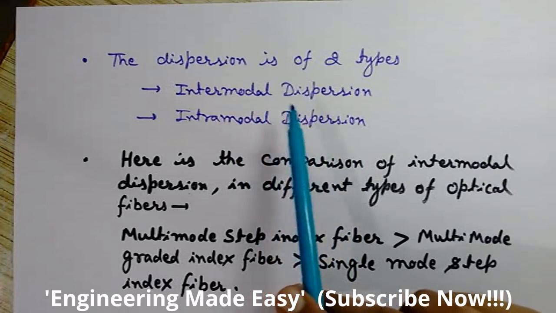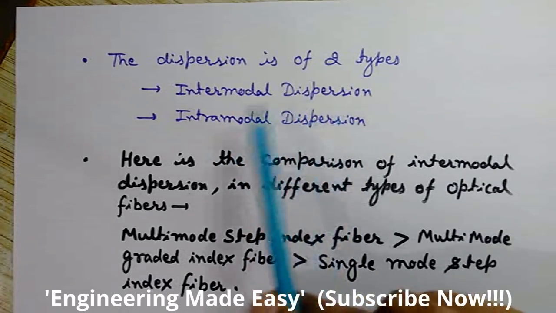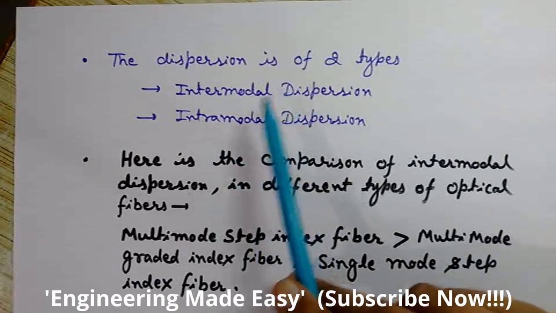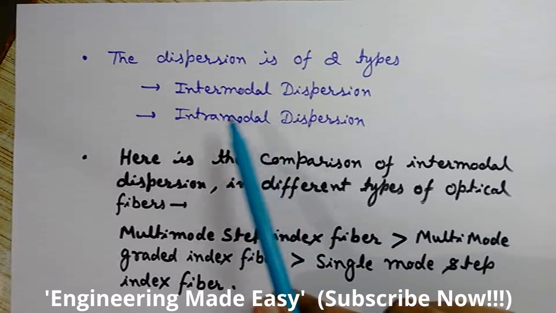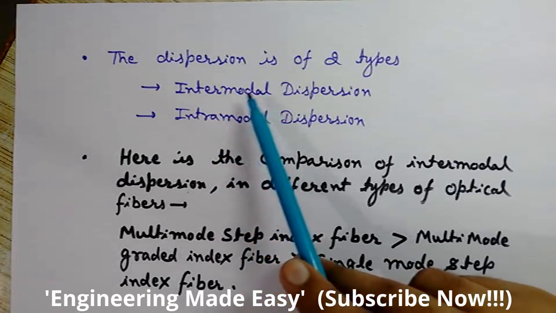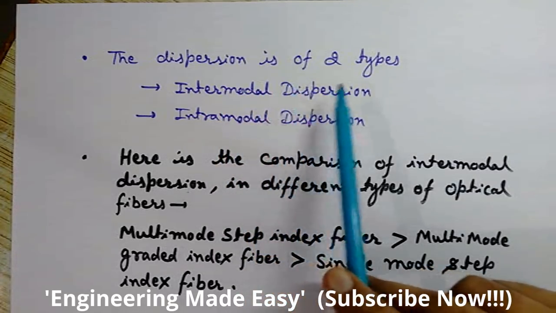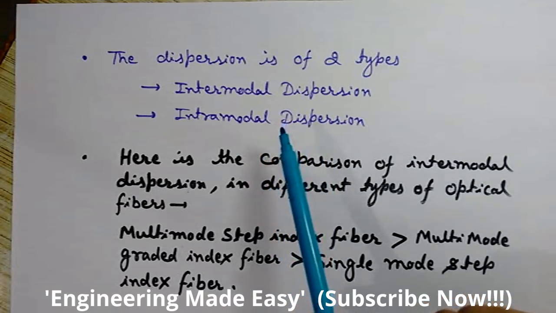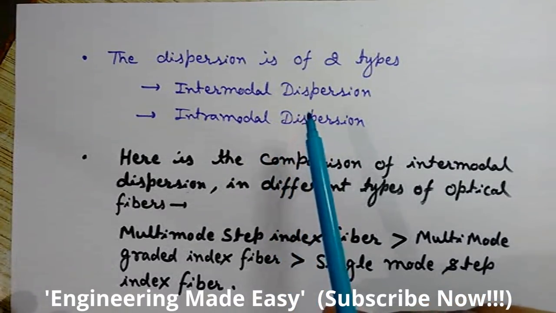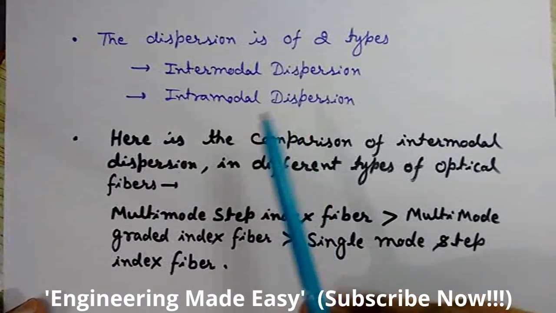We will deal with each of these. Intermodal means between the modes, the various modes of propagation, and intramodal dispersion means within the same mode. Okay, just keep this in mind. We will discuss it later.